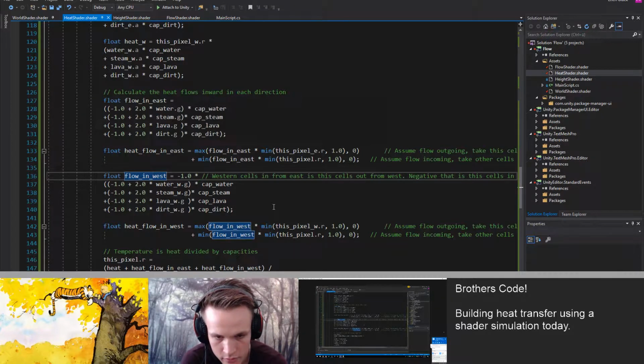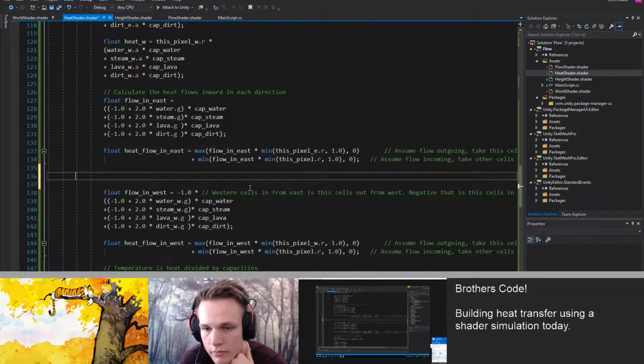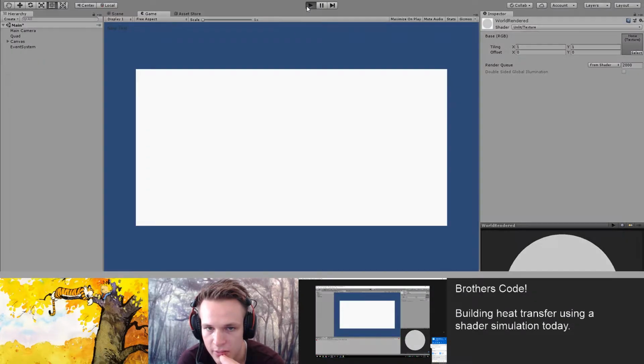It's the western heat plus the min of, if it's negative. You know what? I'm just going to try that. Wait, flow in east? Oh no.